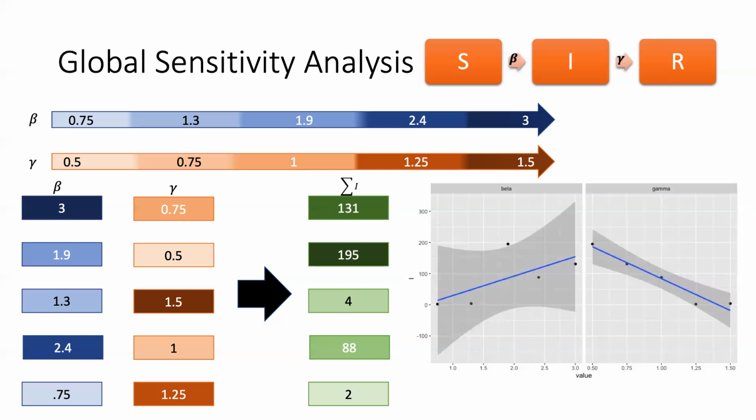Gamma has an inverse relationship. That's because as you increase gamma, you decrease the length of the infectious period. Because remember, the length of the infectious period is 1 over gamma. So we're seeing an inverse relationship between gamma and the total number of infections, a positive direct relationship between beta and the total number of infections, and we can calculate a correlation coefficient.